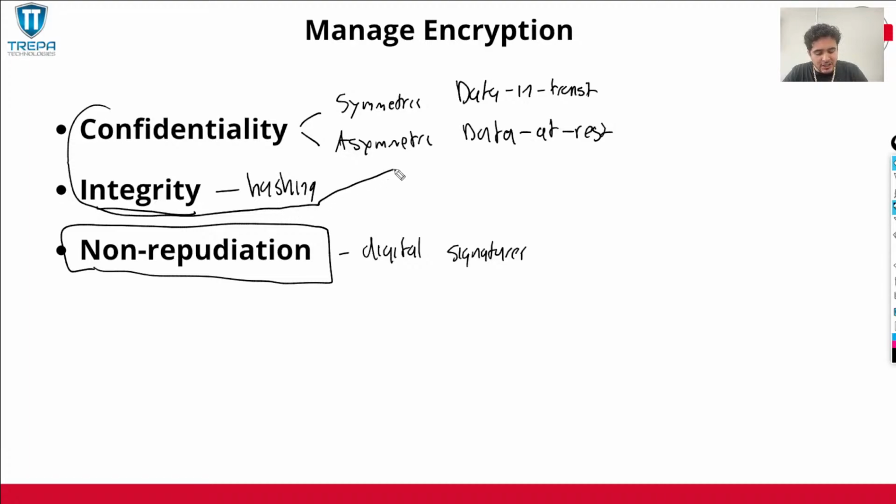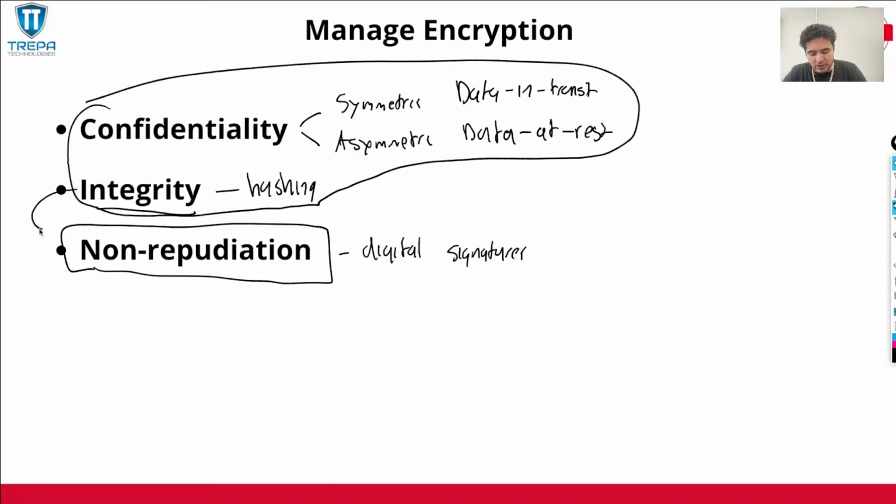The combination of these two is what delivers non-repudiation, because a digital signature uses asymmetric encryption and also uses hashing to be created.